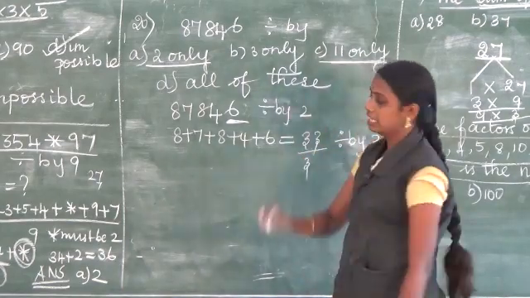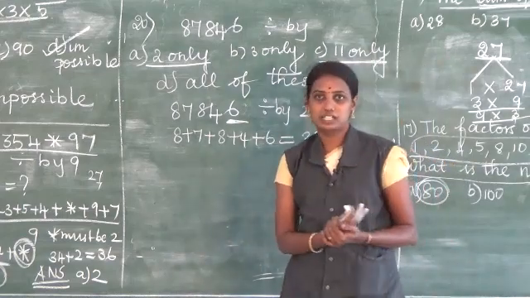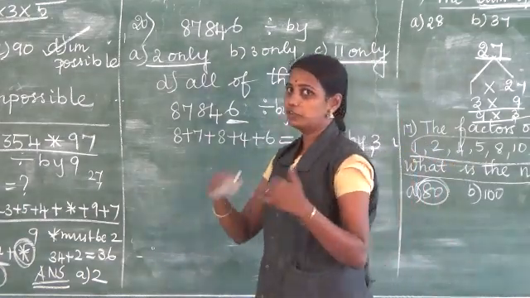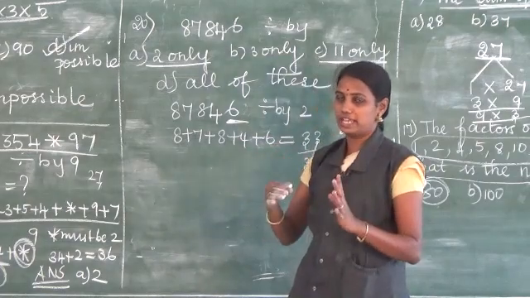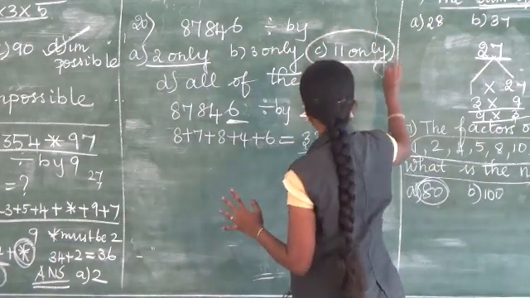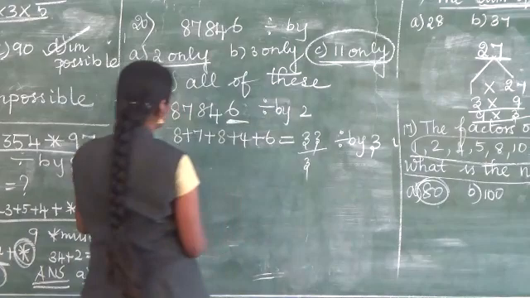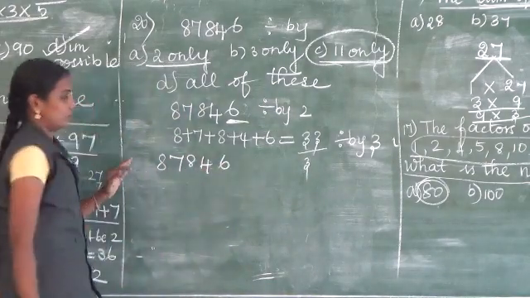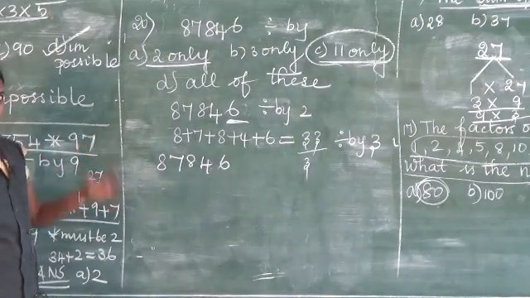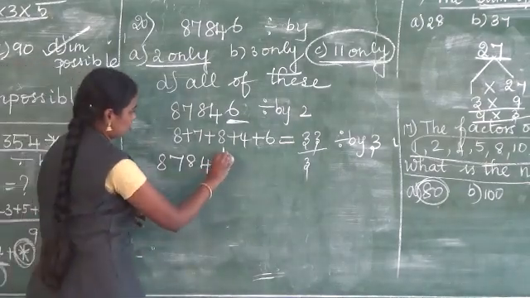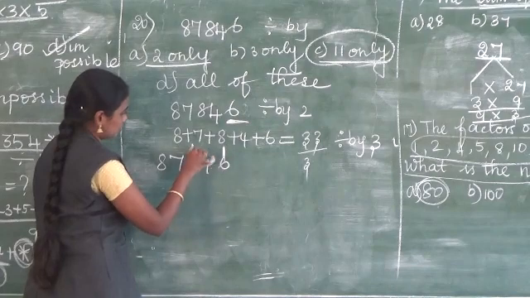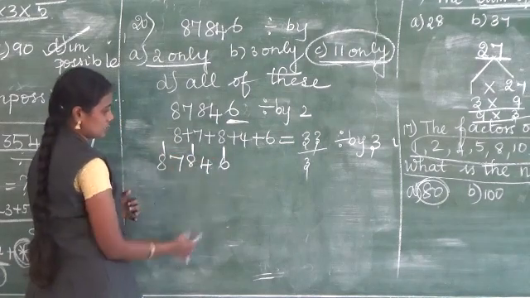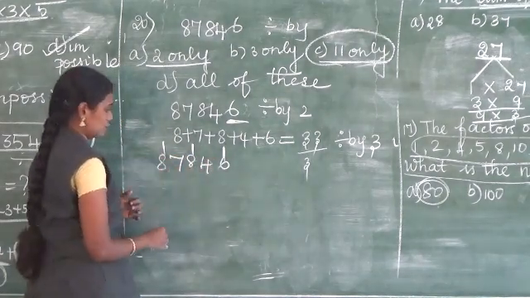Next option C, 11. First time we are learning the 11. So many times we used 2, 3, 4, 8. So remember the rules of 11 properly. Write the number. Add the sum of the digits in the odd places, and consider the others as the even places.